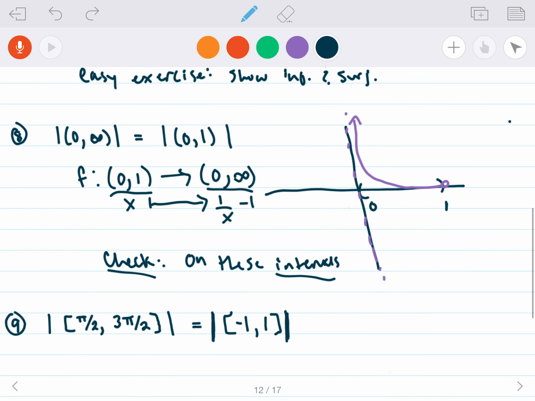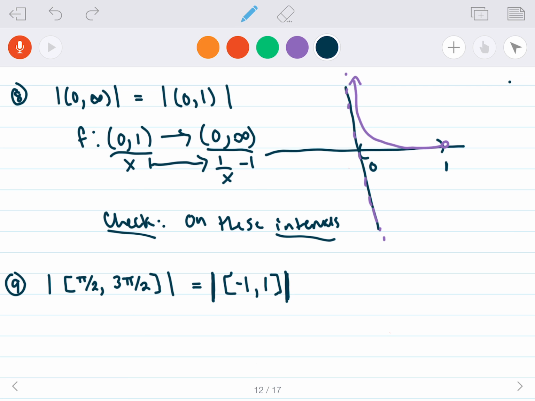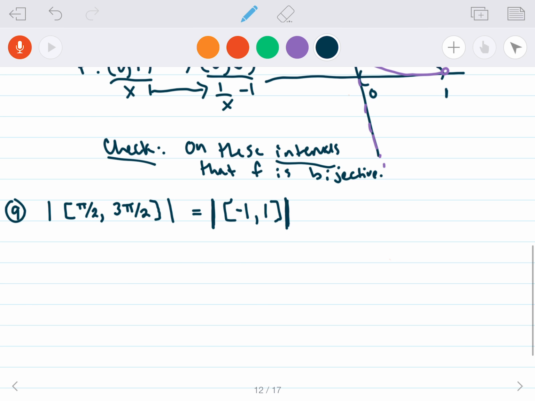So, check on these intervals that f is bijective. Just use what we've done before. You could do a bijective linear function here, but I think it would be more natural to remember your trig.